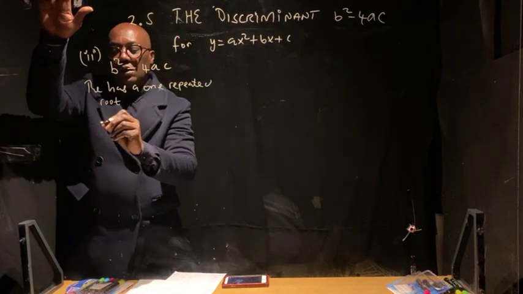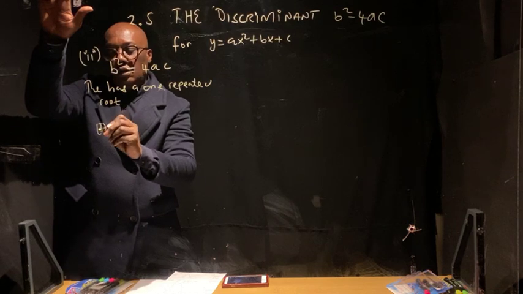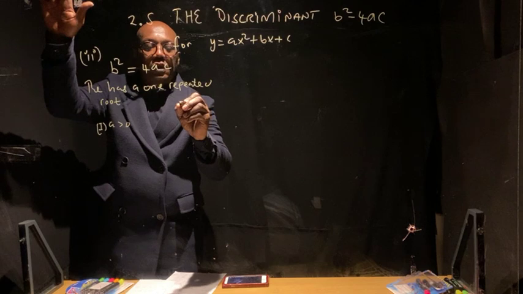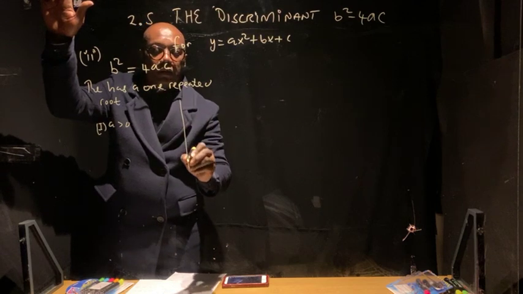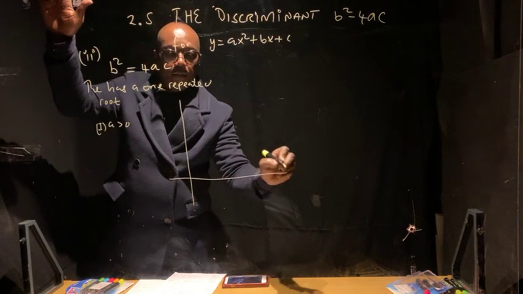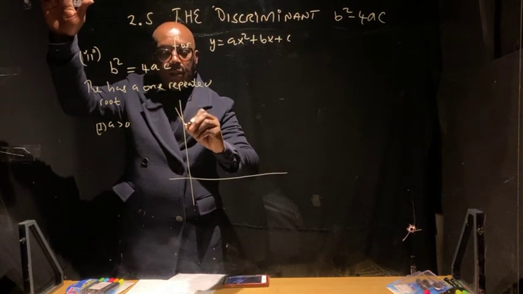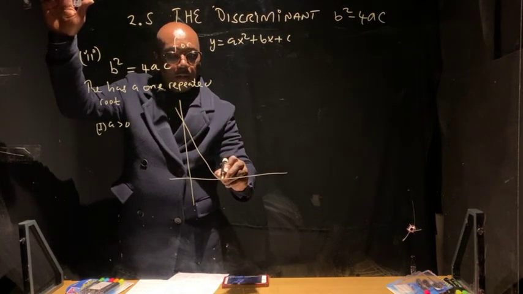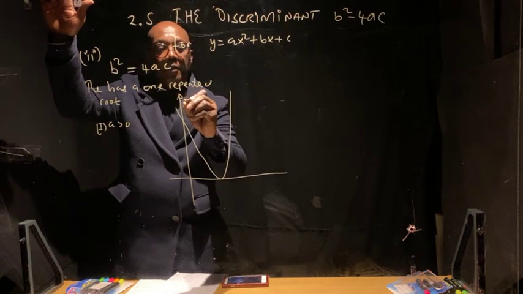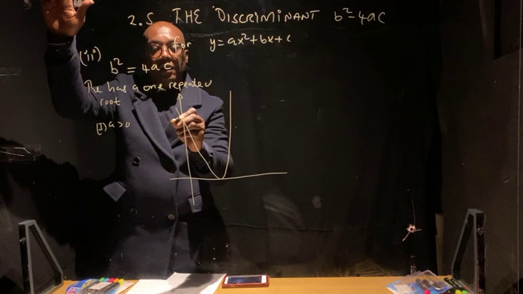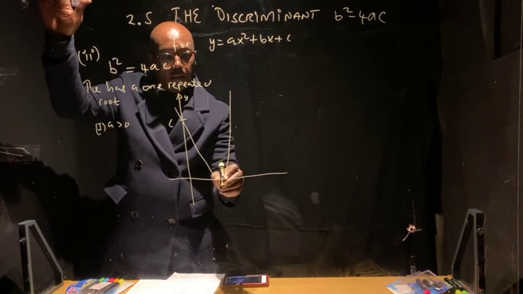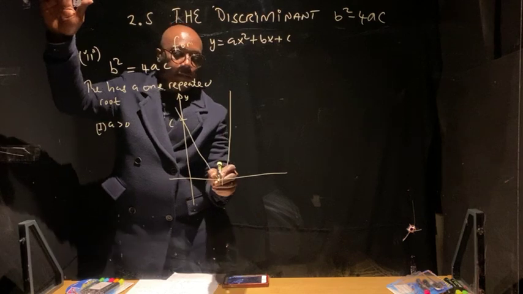Assuming case 1, a is greater than 0. This is how the curve will look like. This is the c, the y-axis intercept, and this is the root.